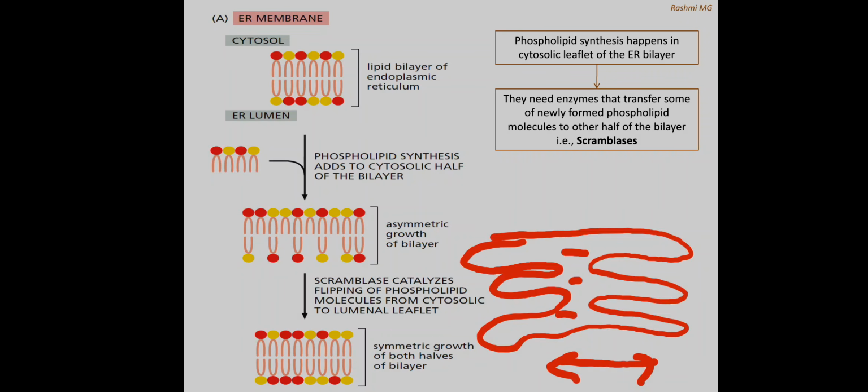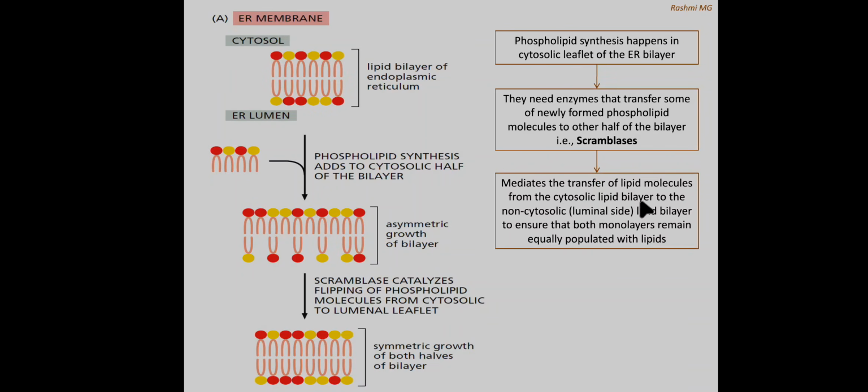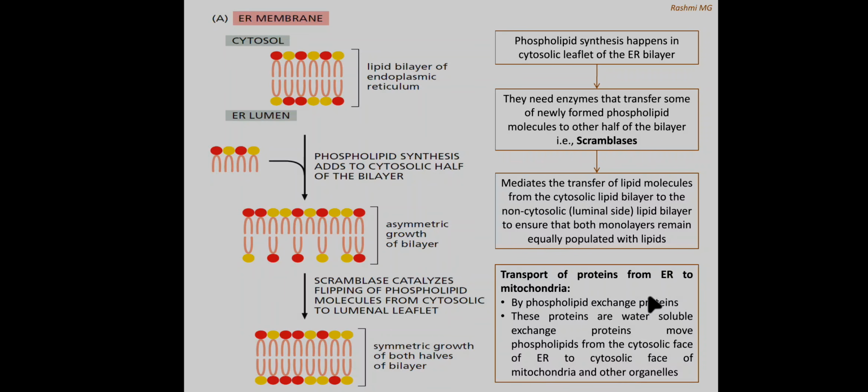From cytosol to inner lumen, this is the direction where the movement of phospholipid after synthesis is happening with the aid of scramblase. It mediates the transfer of lipid molecules from the cytosolic lipid bilayer to the non-cytosolic lipid bilayer to ensure that both monolayers remain equally populated with lipids.